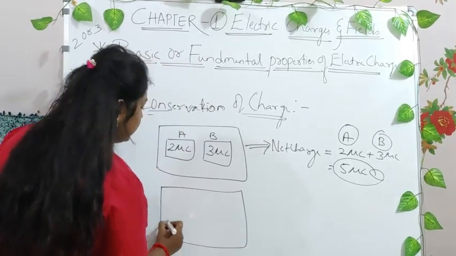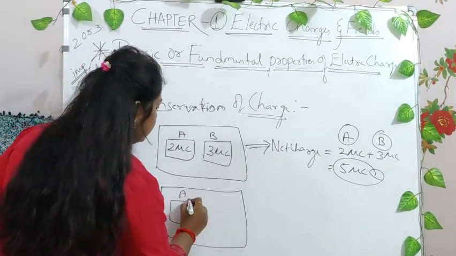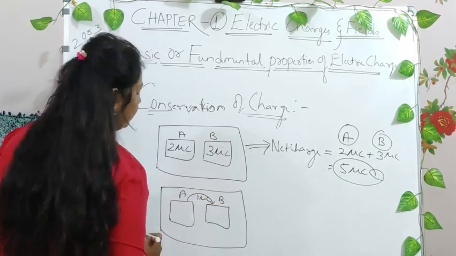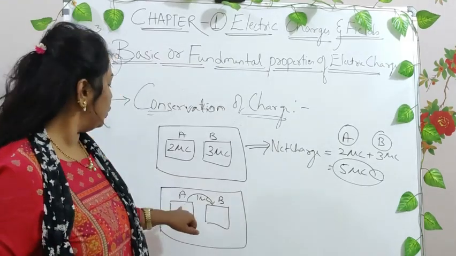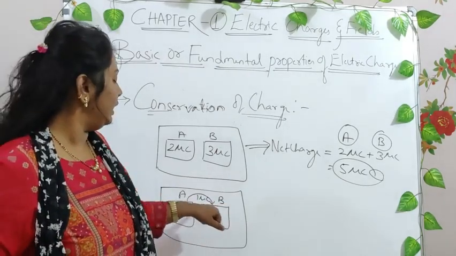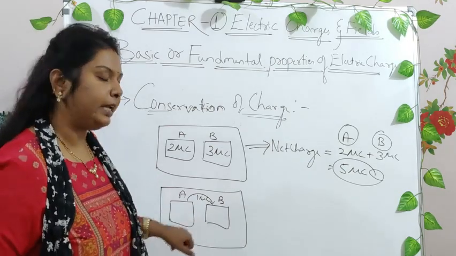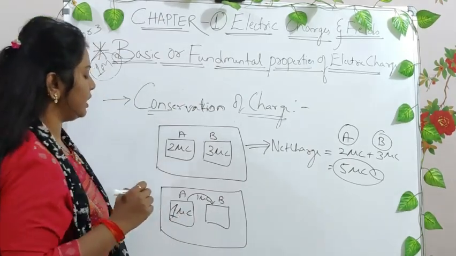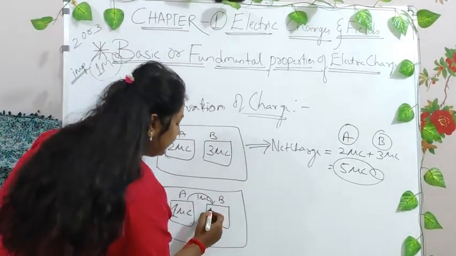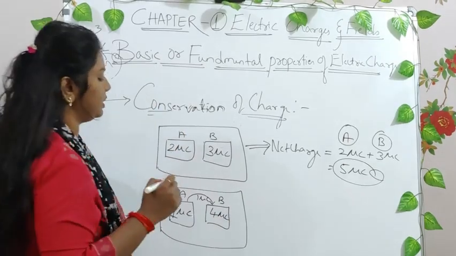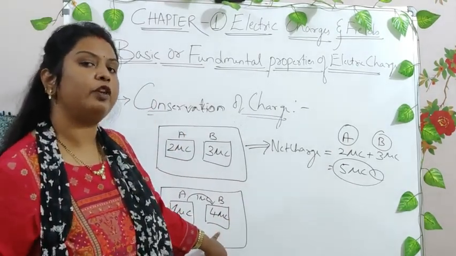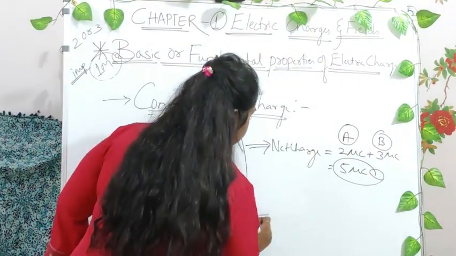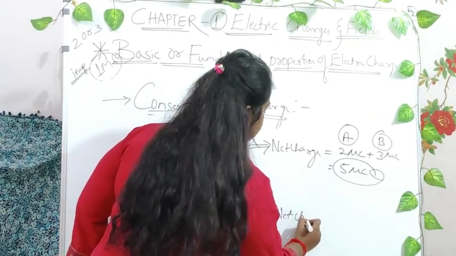Now again, this is an isolated system. A transfers 1 microcoulomb of charge to B. When A transfers 1 microcoulomb of charge to B, how much charge remains in A? 1 microcoulomb of charge remains here, and 1 is added here, so 4 microcoulomb of charge is present here, after the transfer of 1 microcoulomb of charge from system A to system B. Now what is the net charge of this isolated system?